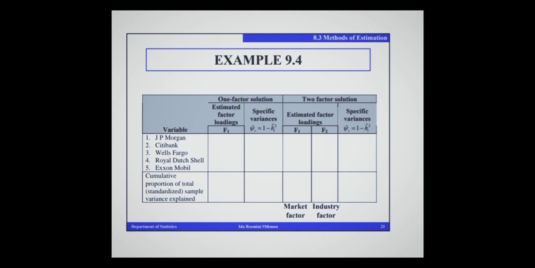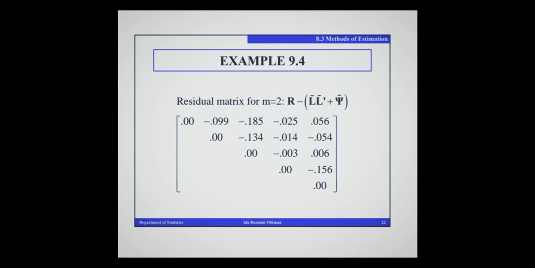Let's say kat sini you create lah residual matrix bila satu factor, and you create pula residual matrix bila kita gunakan dua factor. So you compare dia punya residual matrix, which matrix that produces the smaller residual, that factor model will be the best one.